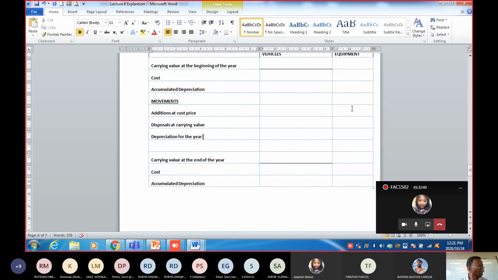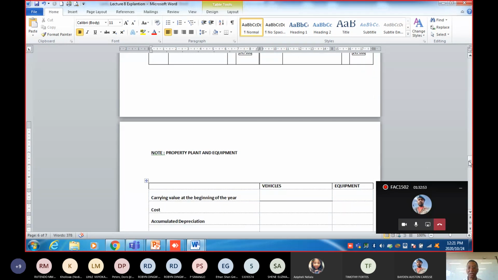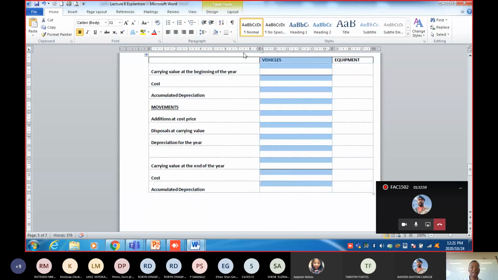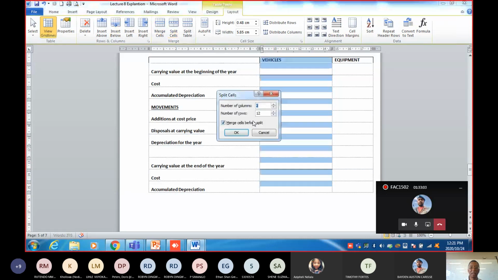Right. So in this question, as far as our non-current assets is concerned, we have got land and buildings, vehicles and equipment. So when you do the note, you will make provision then for all 3 of those non-current assets. I just want to split that quickly.